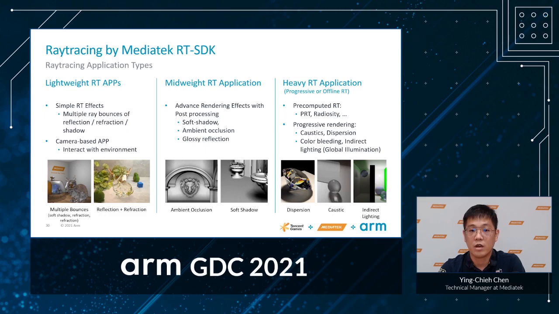Developers can use our framework to build their own. Some heavy computing ray trace effects can also be achieved progressively. The final result can accumulate over time. For example, the dispersion of diamond, the caustic of glass, and the indirect lighting in a room.